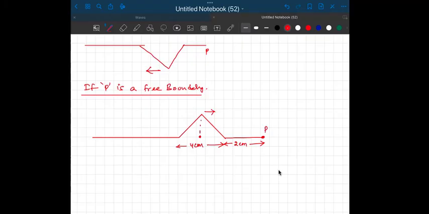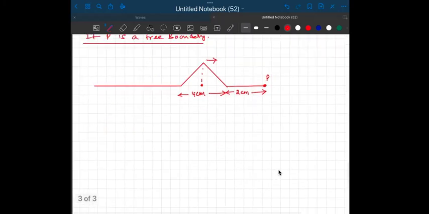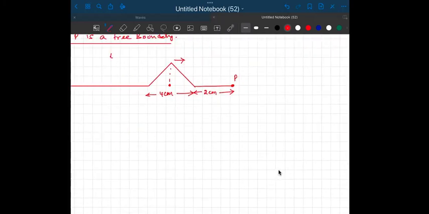Right? It moves like this. It moves rightwards. And this is a free boundary. And this is the instant at t is equal to 0. Now what you will do is, if it is a free boundary, it goes like this. Now what happens?